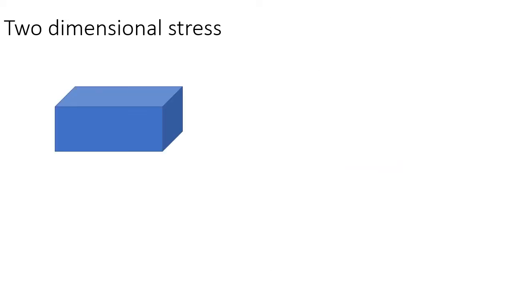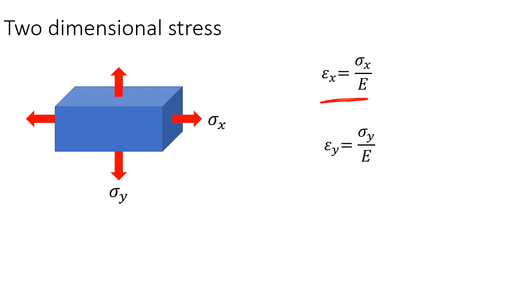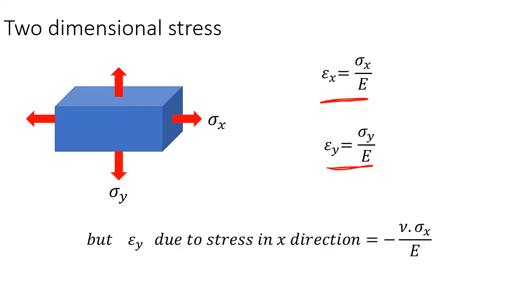Okay, if we take our little component again and we put a load on in the x direction, so we get a stress in the x direction, we will get a corresponding strain in that direction as well. If we put a load on in the y direction, then we'll get a strain in the y direction. But thinking about the effects of Poisson's ratio, if we put a load in one direction, we get a corresponding strain in another, and each one of those is related with this equation here at the bottom.